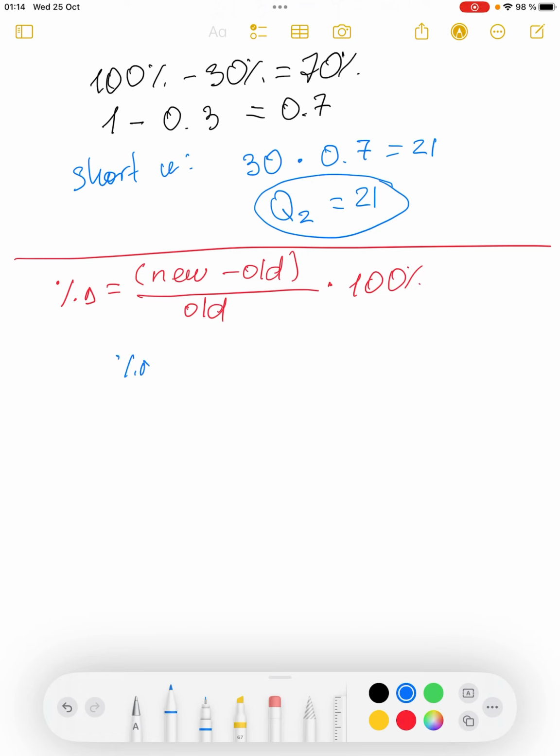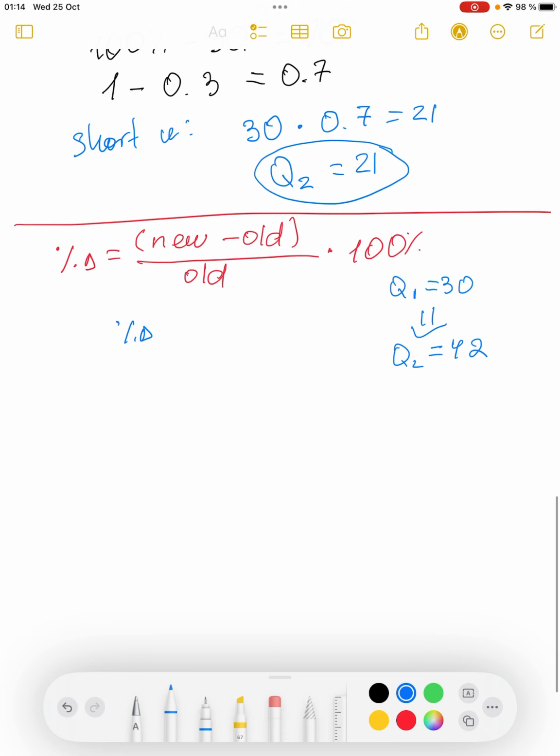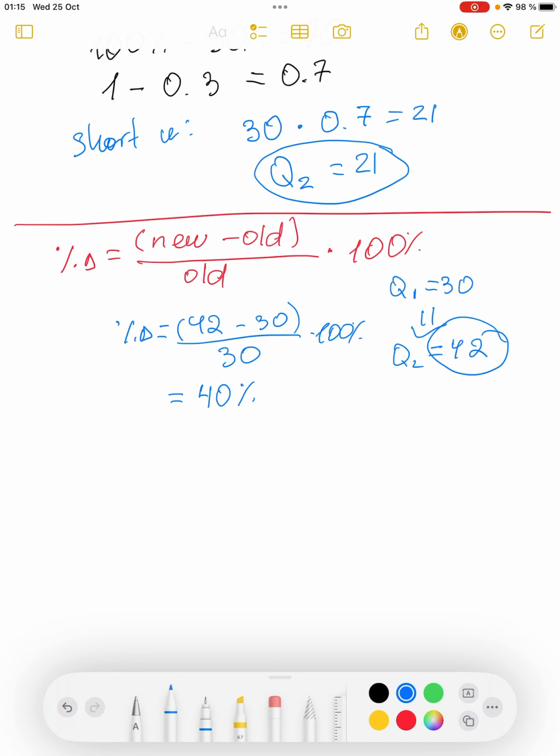If quantity 1 was 30 and quantity 2 is 42, what's the percentage change? We just did the example before, right? So the percentage change here would be the new value, 42, minus 30, over 30, multiplied by 100%. That is 40%. Or 0.4. It's the same thing.